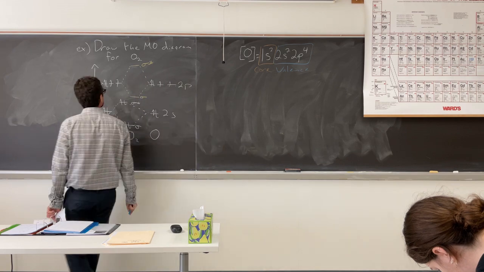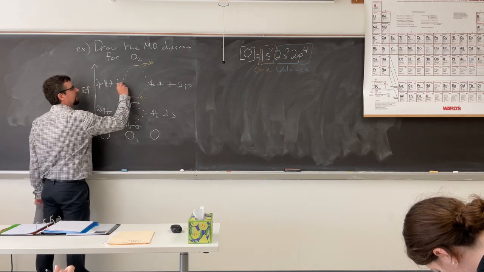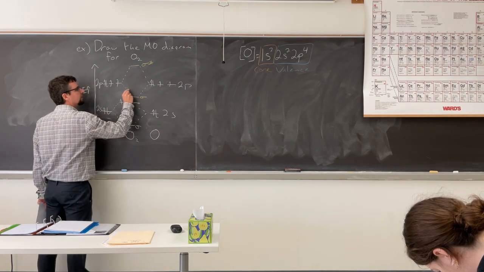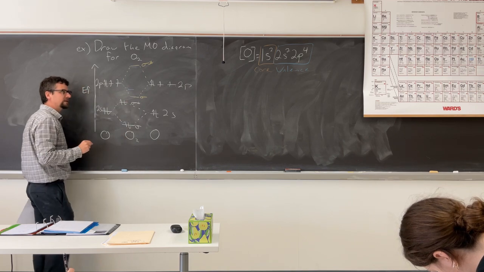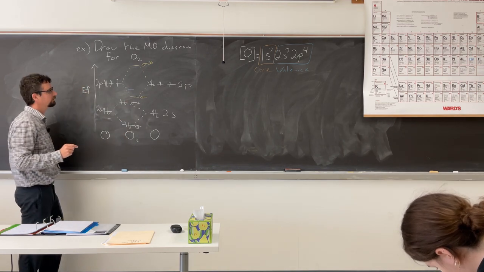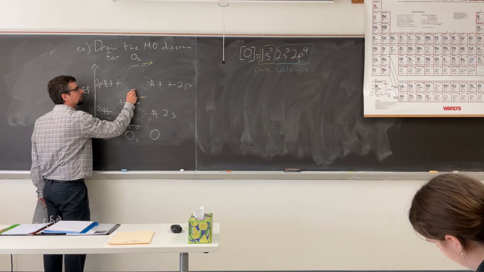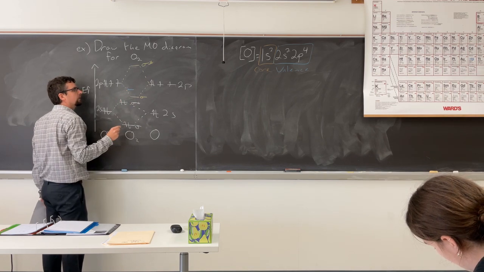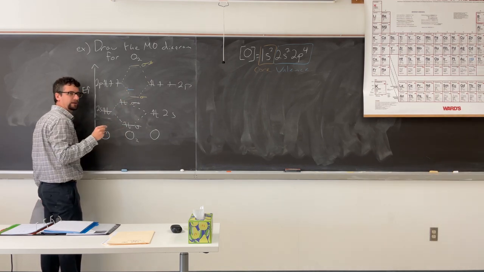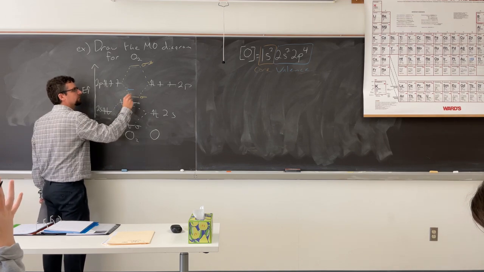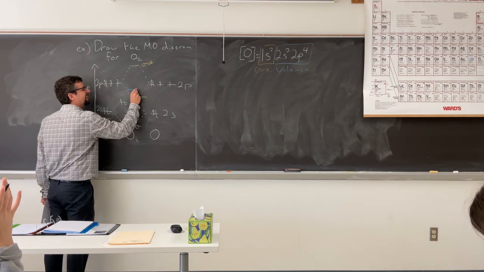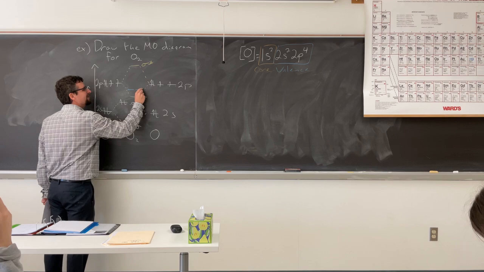If we think back to the AOs that we drew, now what can you say about their energy? So I got 1 pi. They're the same. Yep, they're the same, they're degenerate.